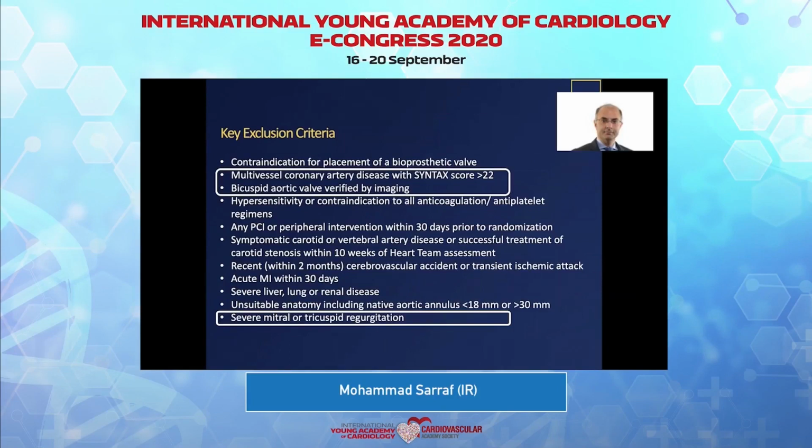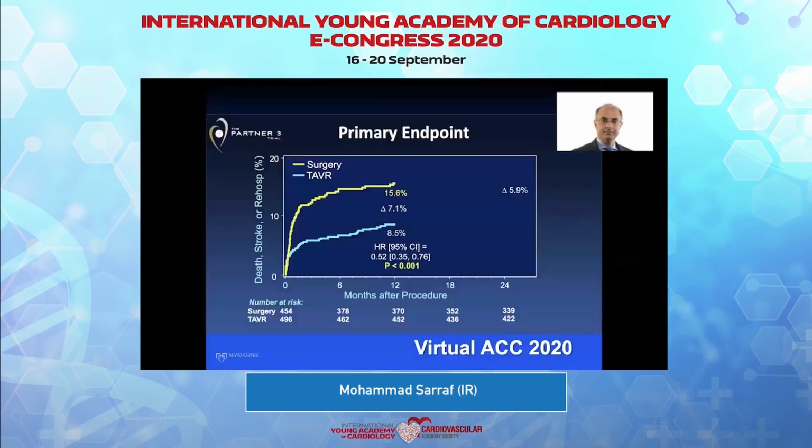So as we can see, they have been very particular about which patient comes into the study. And that's why in Partner 3, about a third of the patients who went to committee research meetings were excluded from the study, and in Evolut Low Risk, almost 15%, 14.8%, of the patients were excluded.